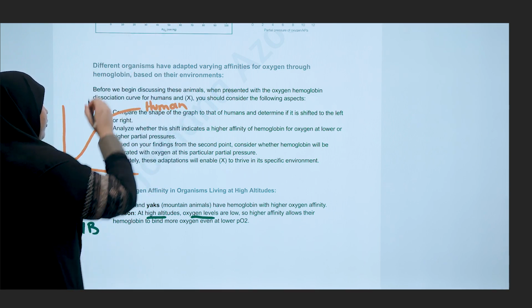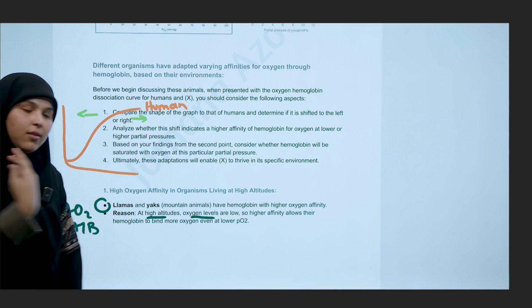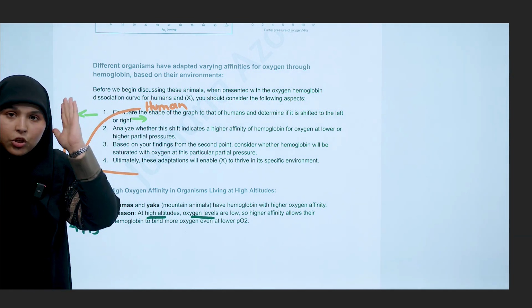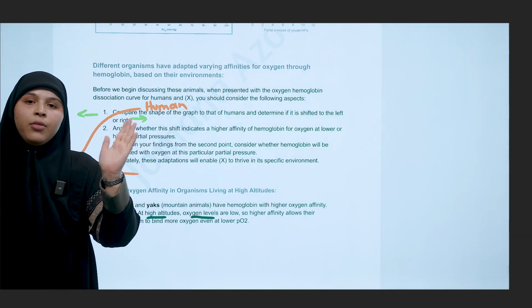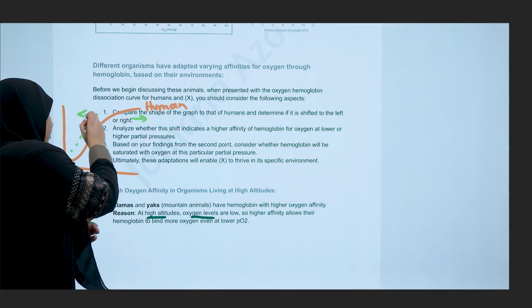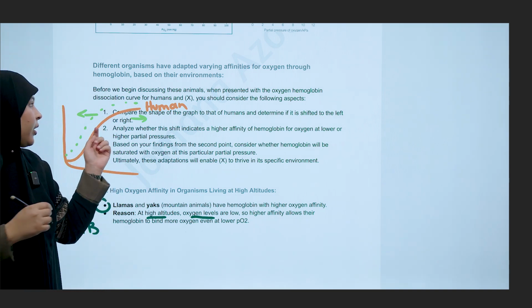And then they will give you different graphs, whether right or left, depending on what the discussion is about. For example, they gave me the ox, so the shape of the graph for the ox is going to be like this. Or the fetus, the same thing for the fetal hemoglobin.